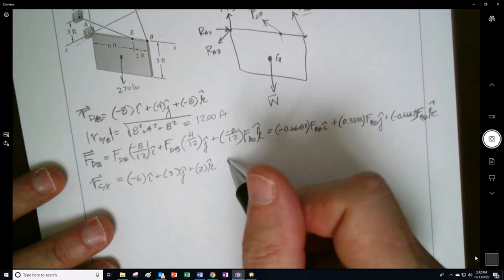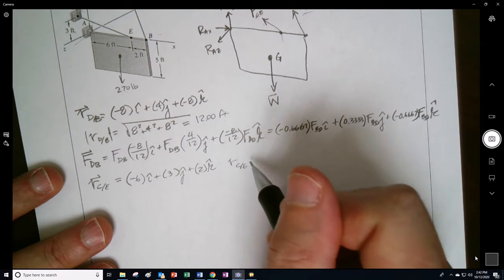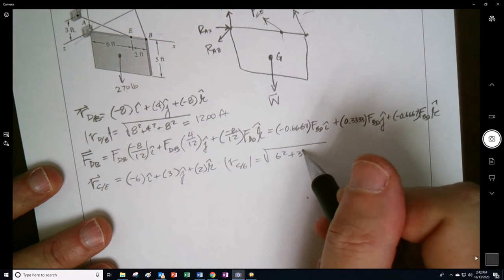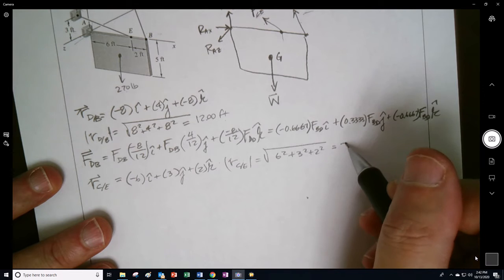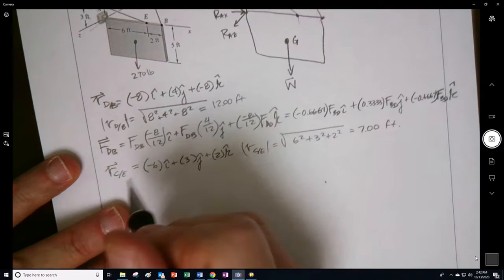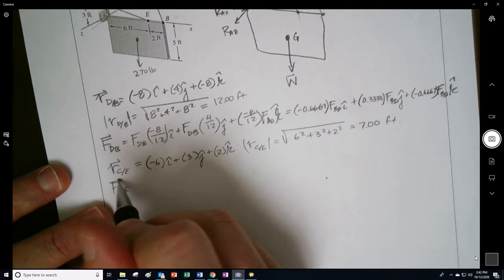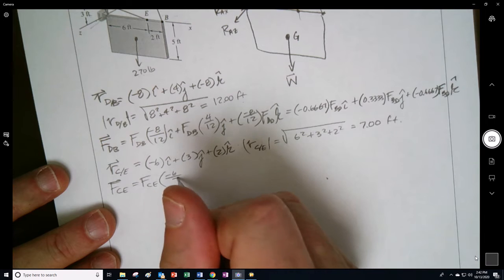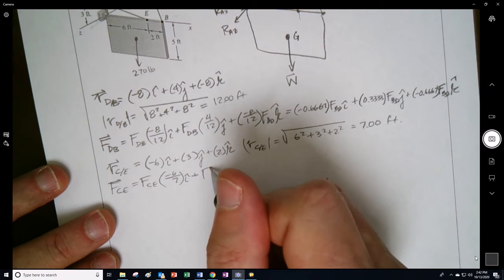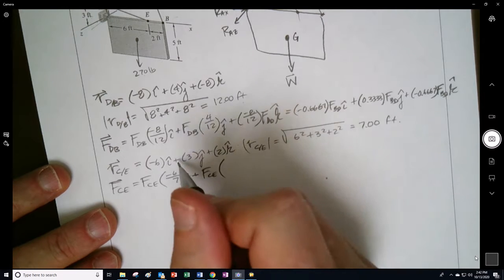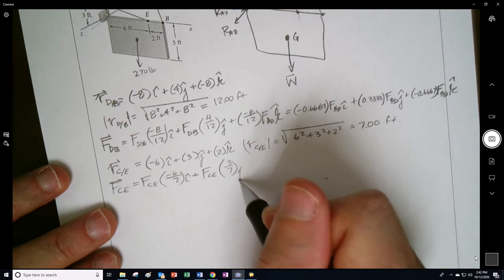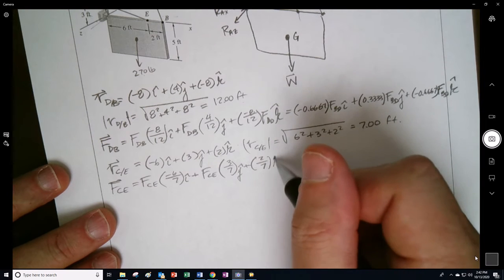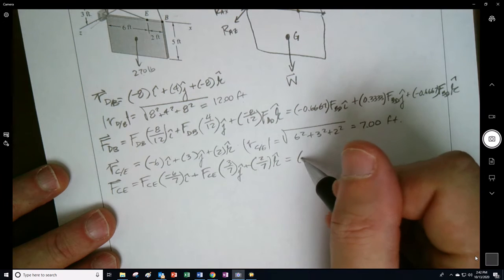Then the magnitude of r, square root of 6 squared plus 3 squared plus 2 squared, comes out to 7 feet. And so our FCE is equal to FCE times negative 6/7 i, 3/7 j and 2/7 k, and that's positive.